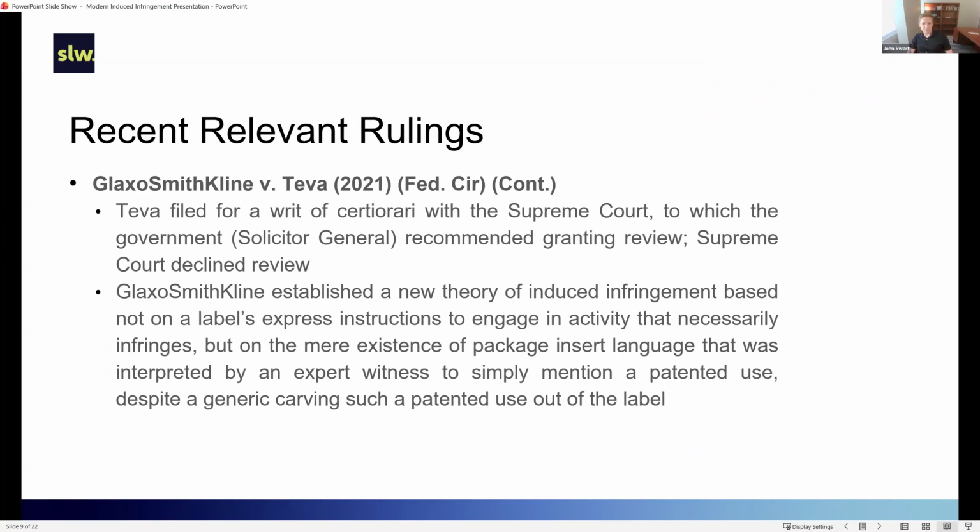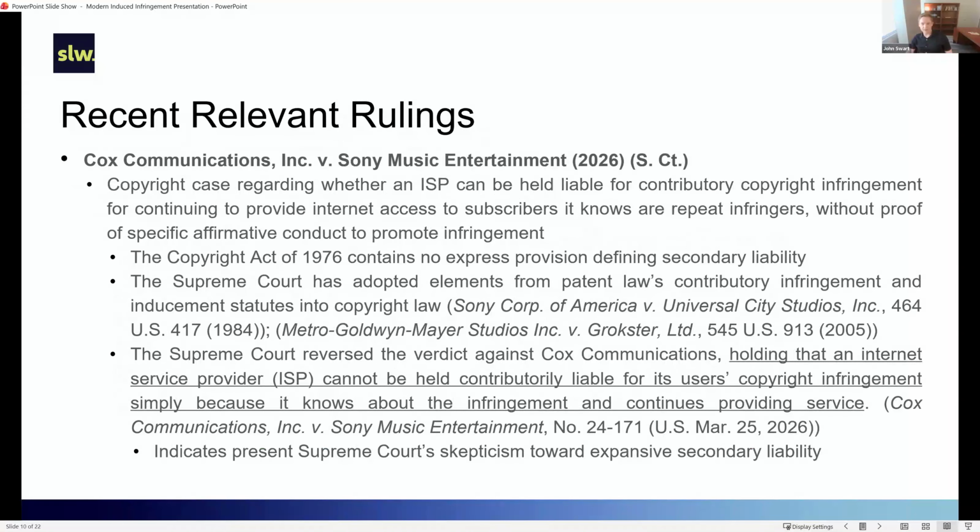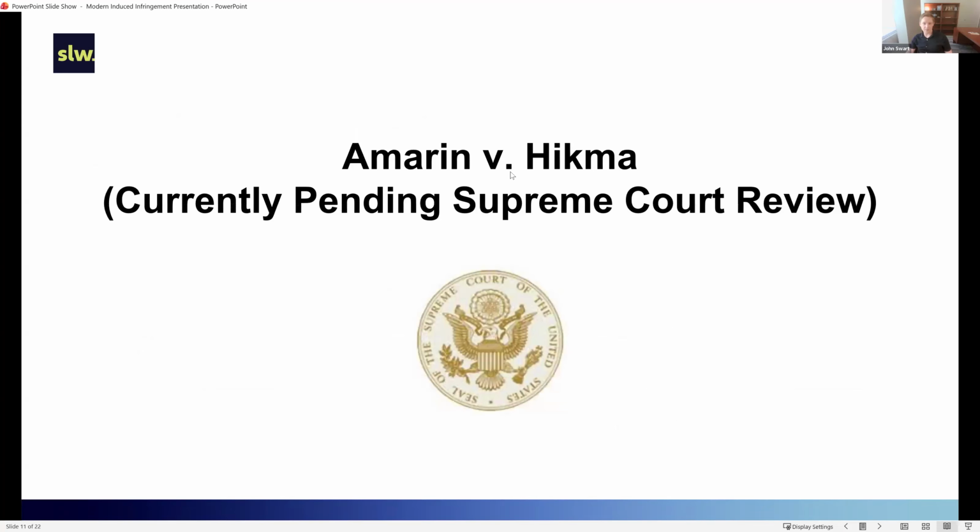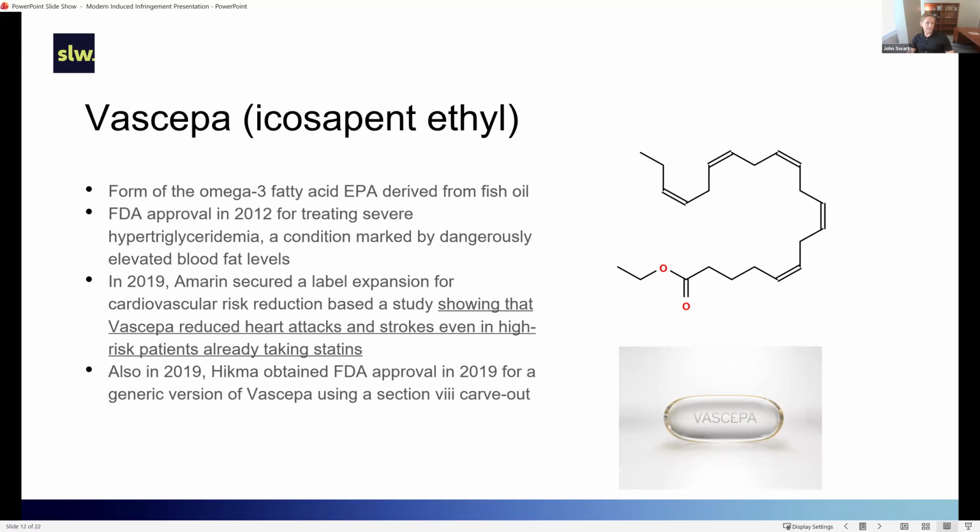So what does this mean for skinny labeling and the current issue at hand in Amarin v. Hikma? So this is a case just weeks ago. We had oral hearings in the Supreme Court, which we'll walk through. But this is a case regarding Vascepa, which is the brand name of icosapent ethyl.